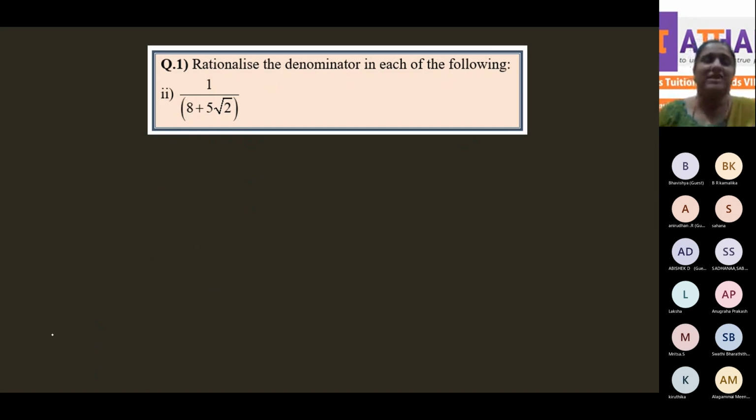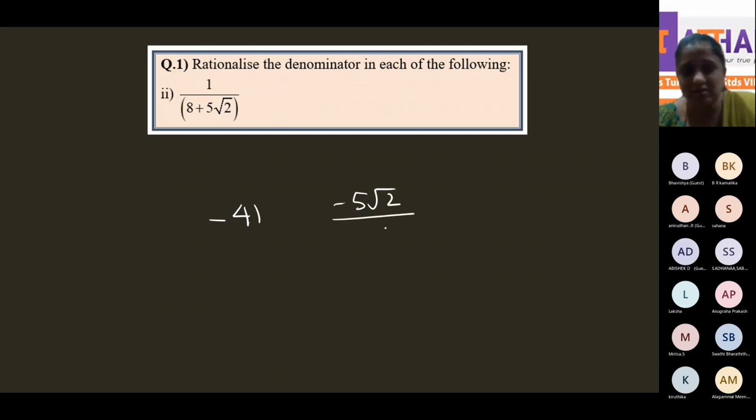What's the final answer for the second one? Ma'am, minus 41. Bhavishya, minus 41, na? Yes, ma'am. Others? Minus 5 root 2 divided by minus 41, ma'am.